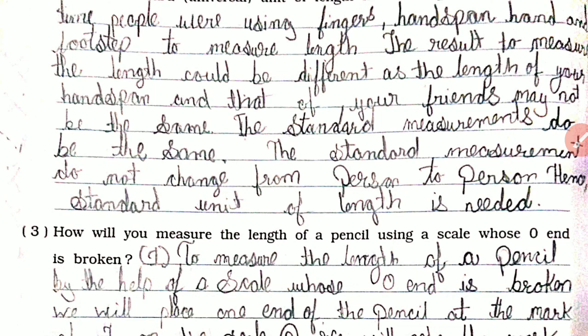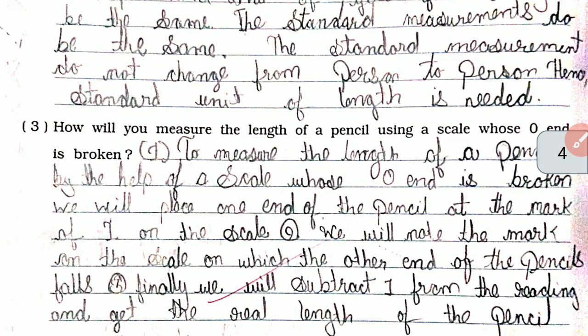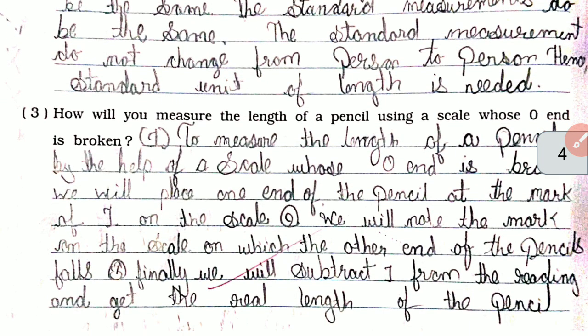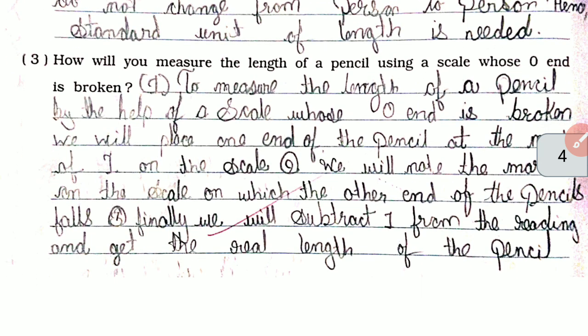The result of measuring the length could be different, as the length of your handspan and that of your friend's may not be the same. The standard measurement is to be the same. The standard measurement does not change from person to person. Hence, a standard unit of length is needed.